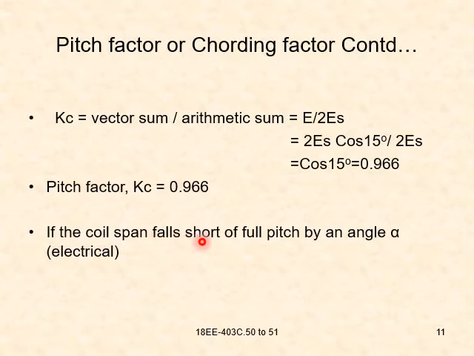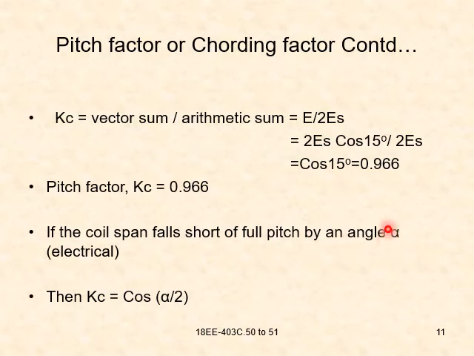If the coil span falls short of full pitch by an angle alpha electrical, then Kc is equal to cos alpha by 2. That means we have taken 30 degrees of shortfall, but it may be 30 or 40 or 50 or 60 or anything else. So that is why we have considered it as the coil span falling short of full pitch by an angle alpha electrical.